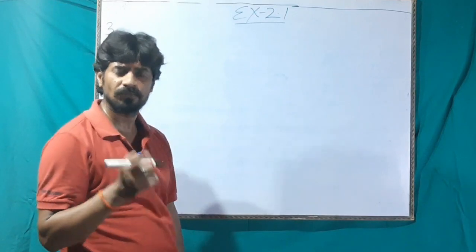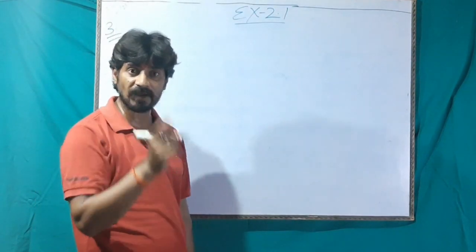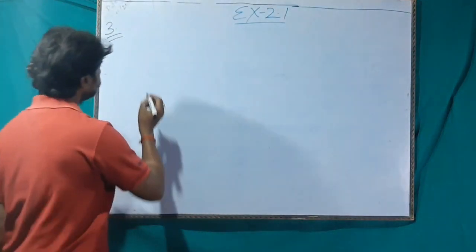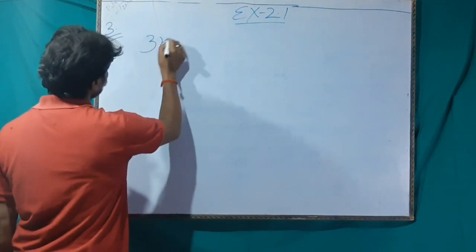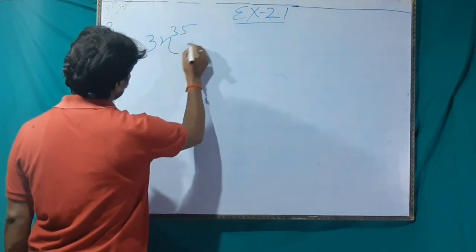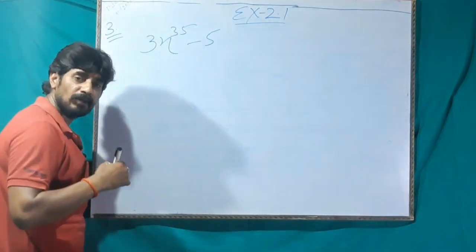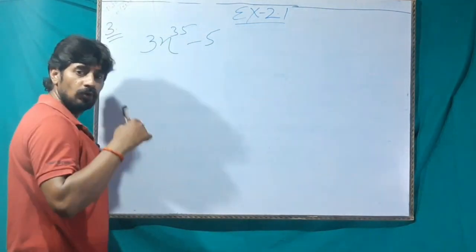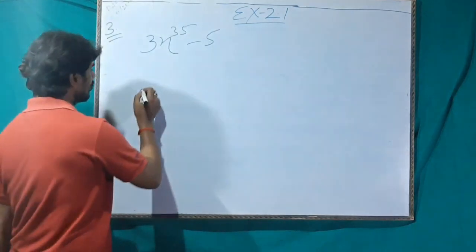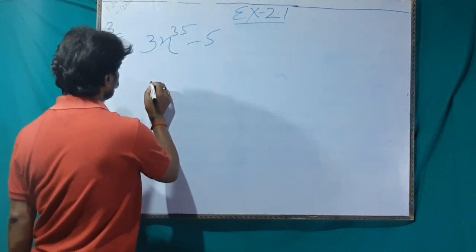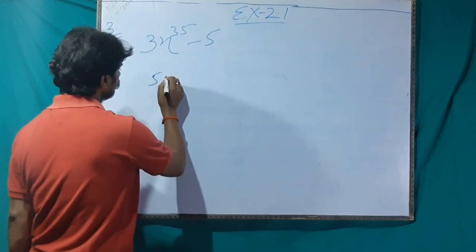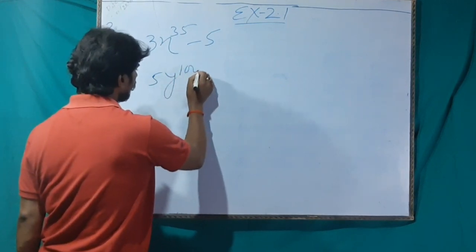For example, for degree 35 of binomial, we will write 3x to the power 35 minus 5. And for the example of a monomial with degree 100, we can write 5y to the power 100.